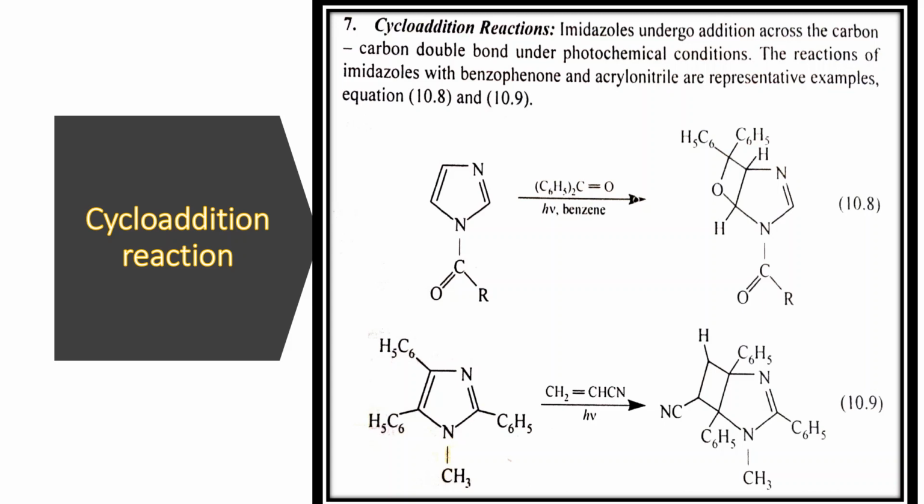This reaction takes place through a free radical mechanism, where the electrons flow between the two systems and you get a fused ring. Cycloaddition reaction takes place. So this is an example of a free radical reaction.